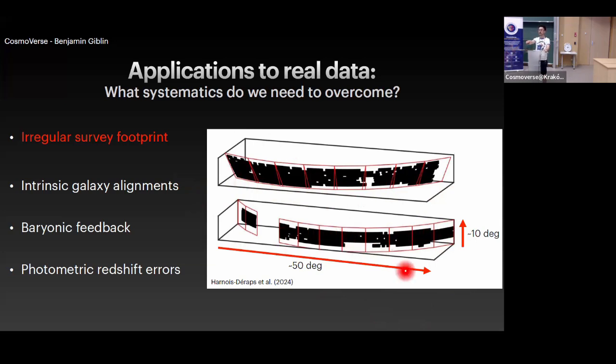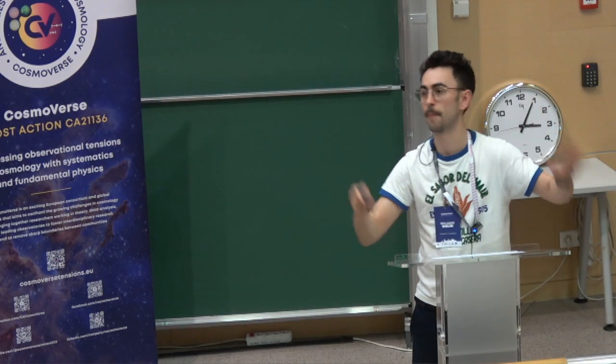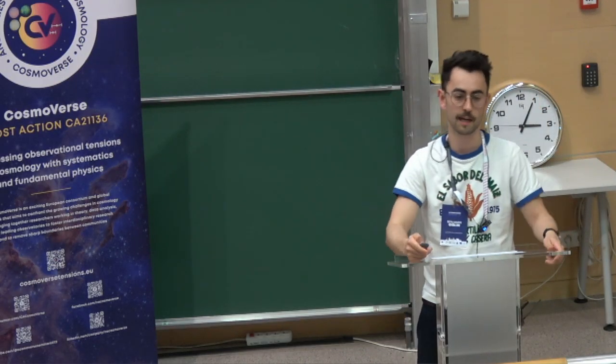So that means if this is in your data, but not in your model predictions, you're going to have a problem. It will be apples and oranges. So what we've spent the last year doing is repeating this analysis, but with this footprint built into the simulation. So it's now apples and apples. So that's taken care of.